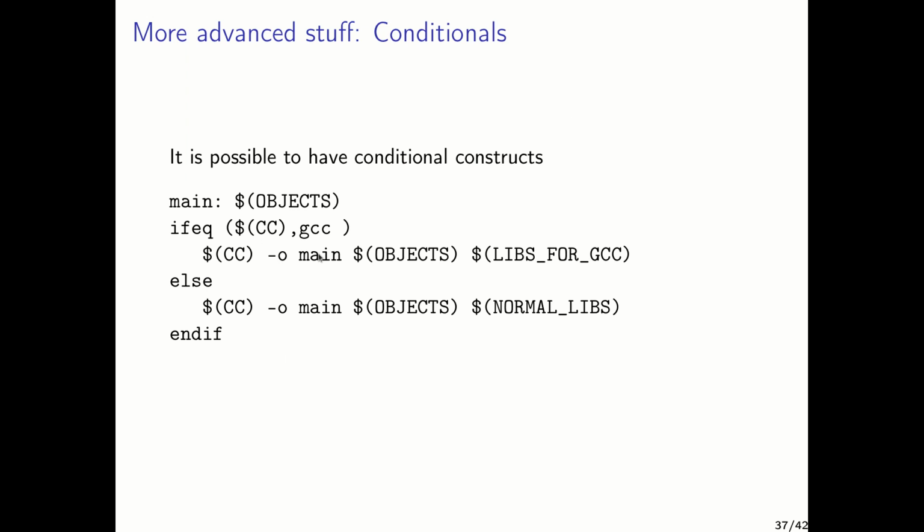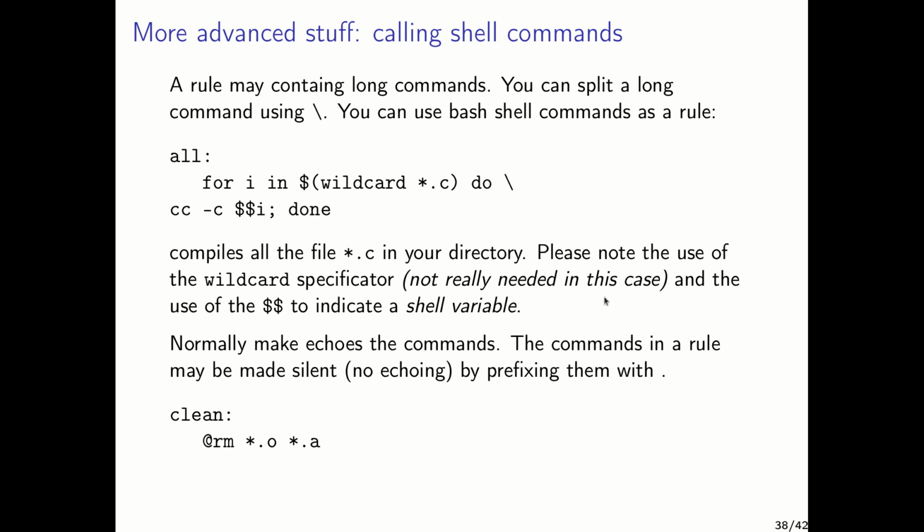You can have conditionals: if CC is gcc, do this, otherwise do that, okay? You can call shell commands. We have already seen it in one case, but in general you can call all shell commands inside your makefile. The only thing that you have to remember is this $$ rule.